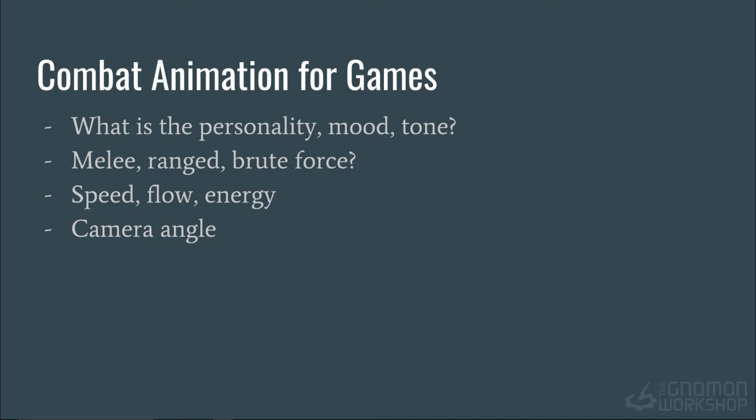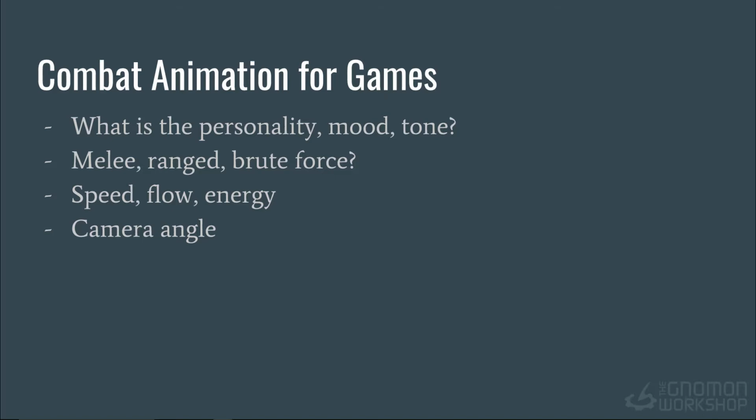And the last thing I think about is the camera angle, right? And there's two ways to go about this. Maybe you're creating this animation for a portfolio, you can determine your own camera angle. When you're making it for games, which is what we want to always be thinking about, what is the camera angle of the game?